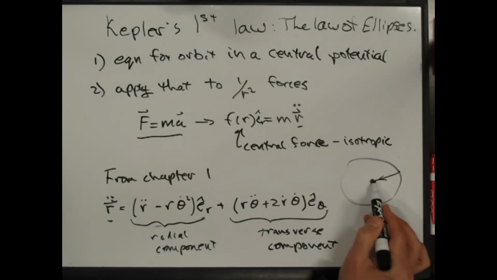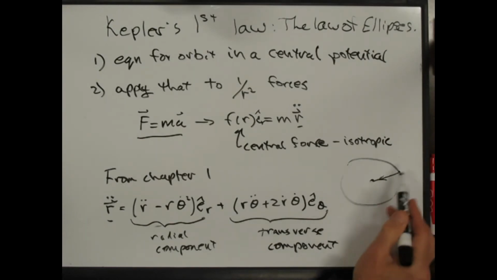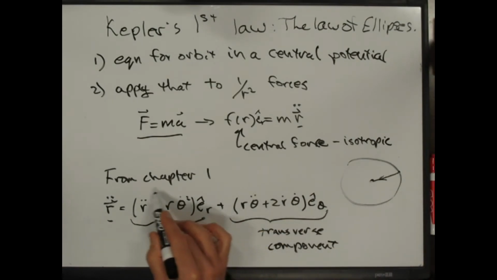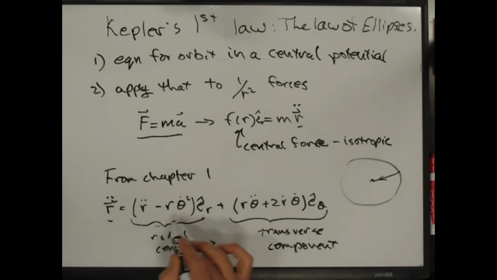It's being just affected by the point at the center. It's only along the line. And so this is the acceleration of the particle in a central force. And so this is the one we're going to plug into that equation on the next sheet.